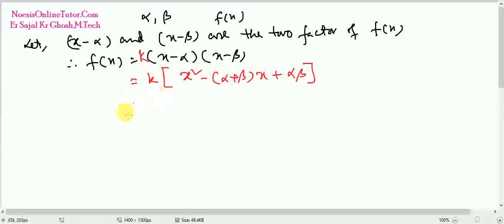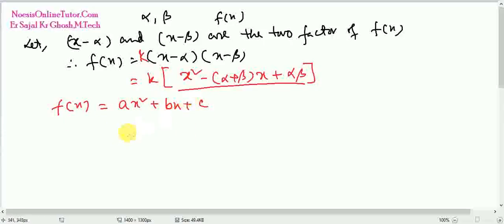Okay, and now compare this with this quadratic polynomial, ax square plus bx plus c. We know this is a quadratic polynomial.